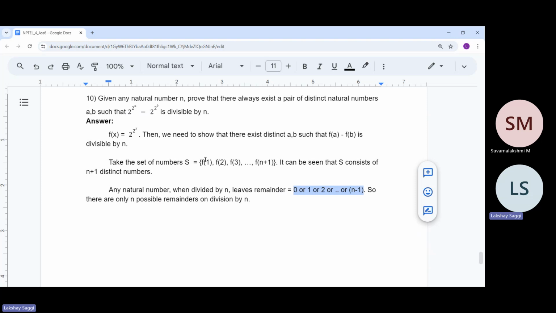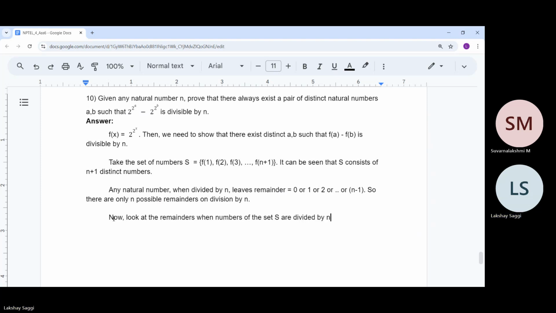But now note that these numbers, let us say we divide all of these numbers by n, and let's look at their remainders. Look at the remainders when numbers of the set S are divided by n.